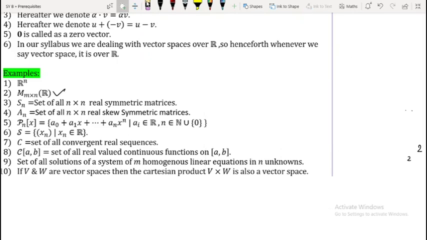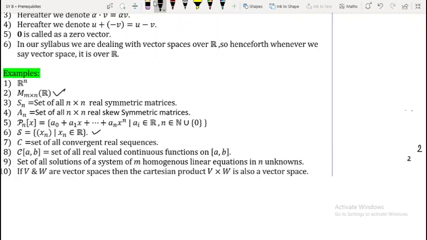Now the next one is the set of all convergent real sequences. It is also a vector space over R. Addition and scalar multiplication are the same as the sixth example. The eighth one is the set of all continuous real valued functions on the closed interval [a, b].